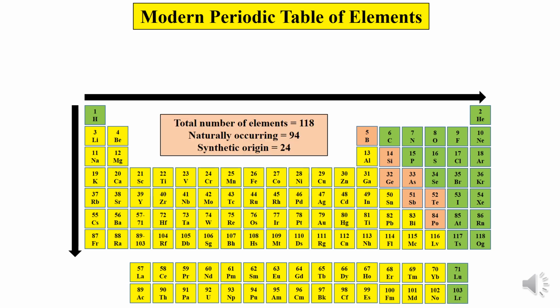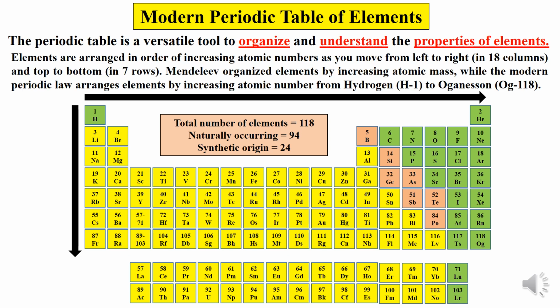There are a total of 118 elements in the periodic table, of which 94 are naturally occurring, while 24 are of synthetic origin. So the modern periodic law arranges elements by increasing atomic number from hydrogen to oganesson. Hydrogen has an atomic number of 1, while oganesson, the last element in the periodic table, has an atomic number of 118. So each element has its own unique identity and position.